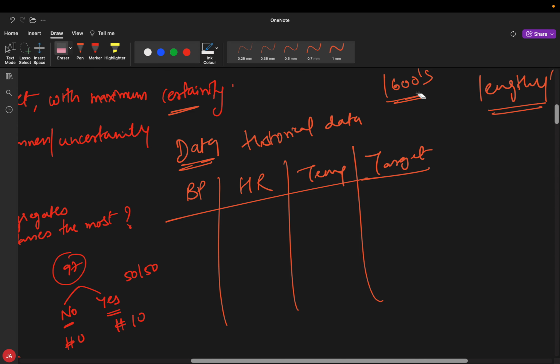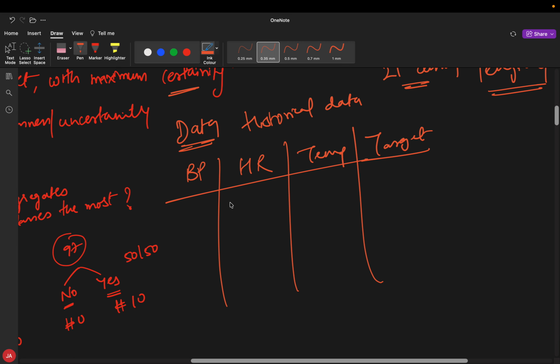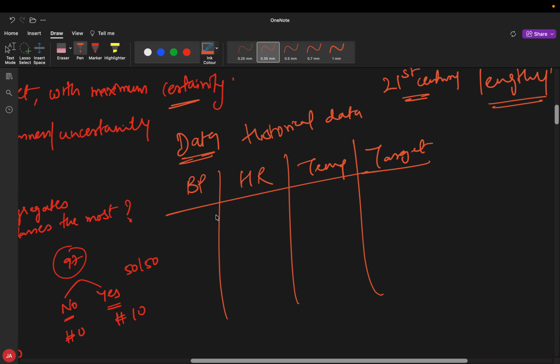Let's say we are in the machine learning era, we are in 2000, we are now in the 21st century. Now in the 21st century, how do we extract the rule?